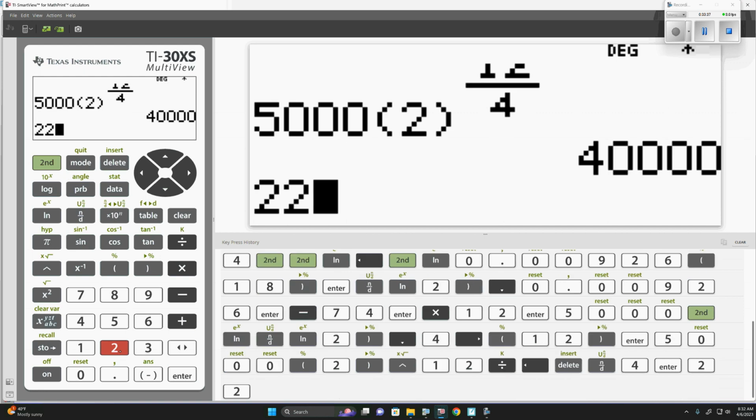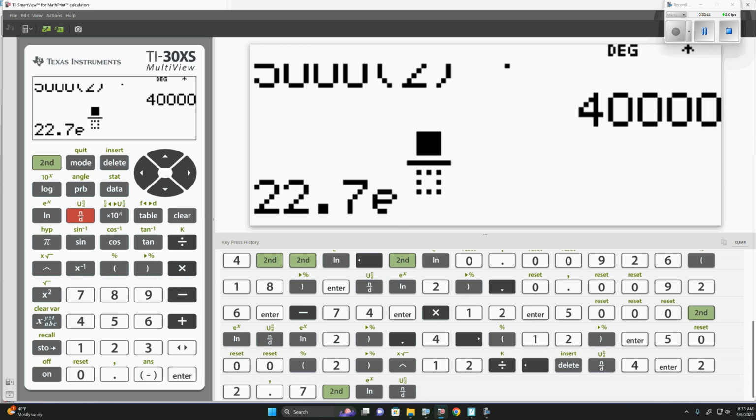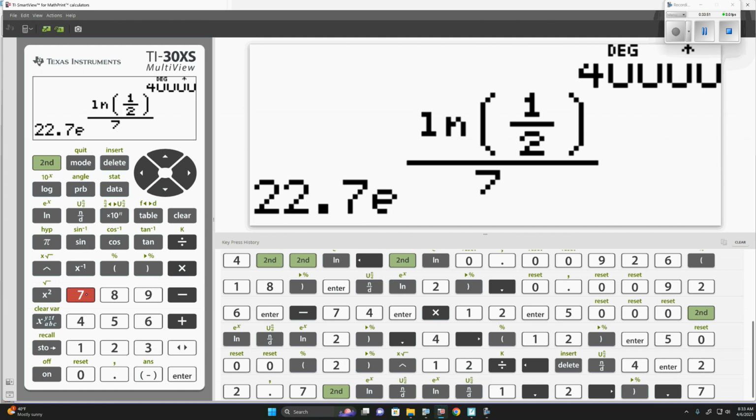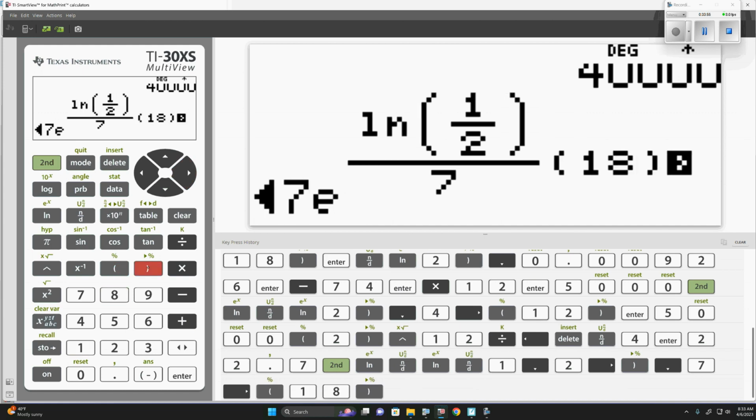So 22.7 e to the ln of 1/2 divided by 7 times 18. Do we think, or do we expect this number to be bigger or smaller than our starting amount of 22.7?